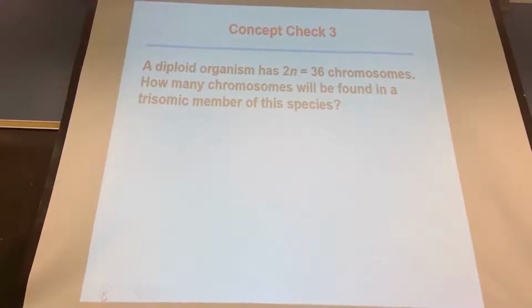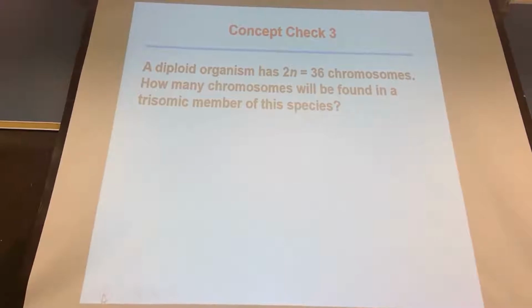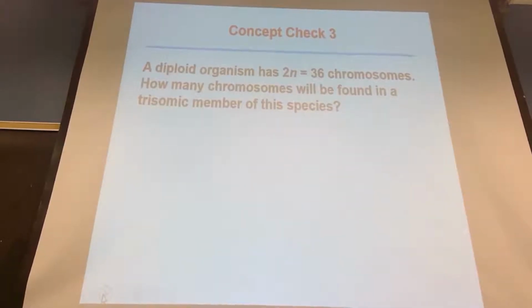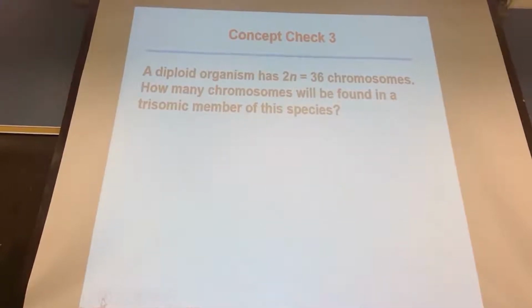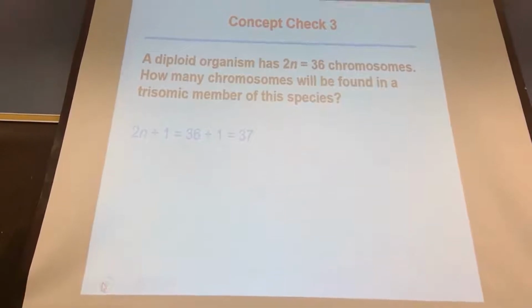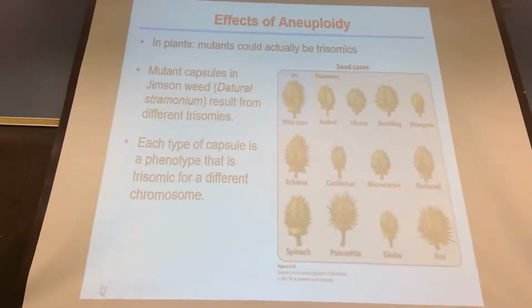What do you think? 18 into 3 or 37? This is trisomic. Okay, that means aneuploid. Only one chromosome will change. So it should be 37. If it is triploidy, then it will be 18 into 3. Okay, this is the difference between these two.